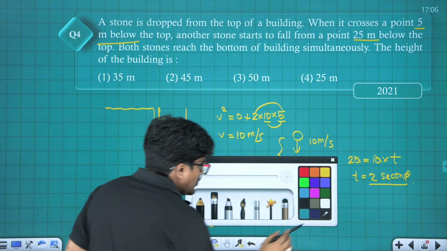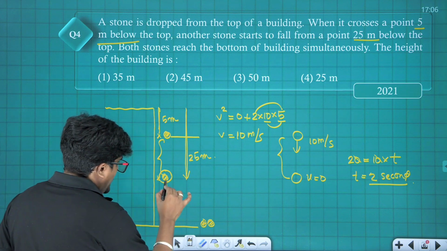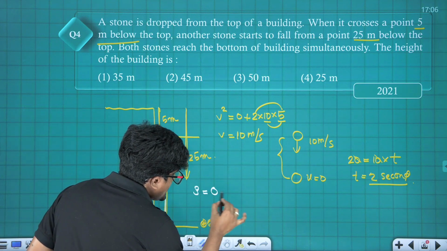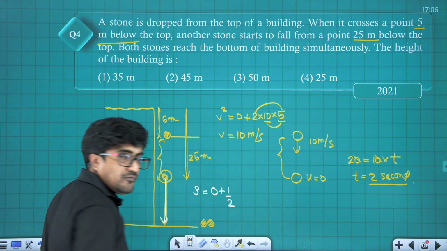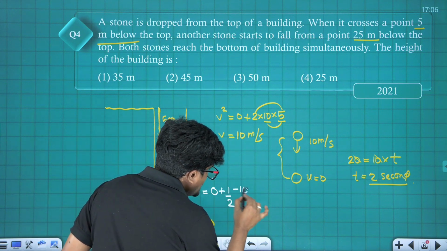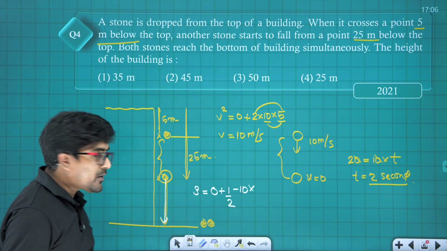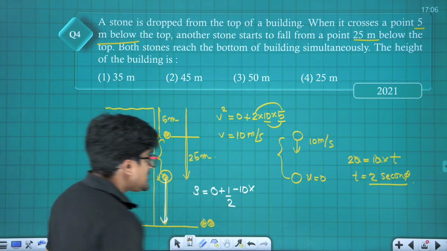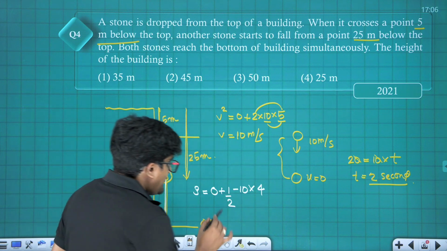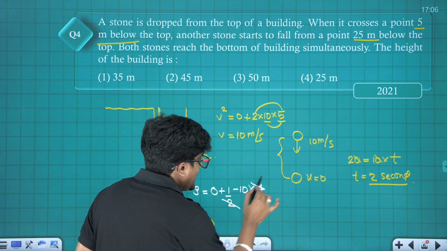Now, if I calculate this particular height, I can say that S is equal to u is 0, plus half of acceleration due to gravity, I am going to take it as minus 10, into time taken square, which is 4. So definitely this one and this one will cancel each other.